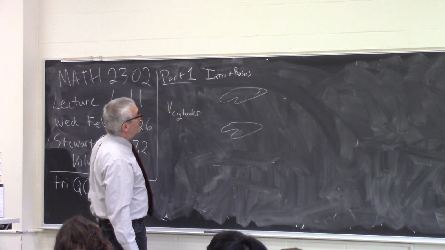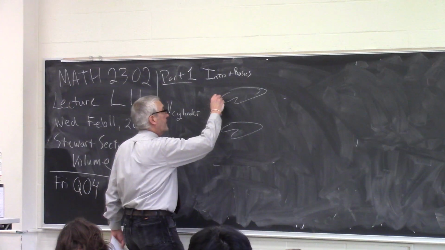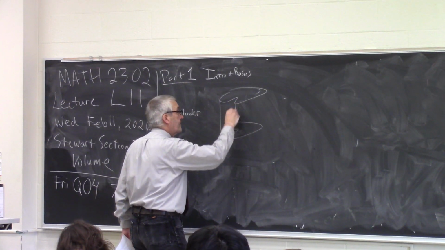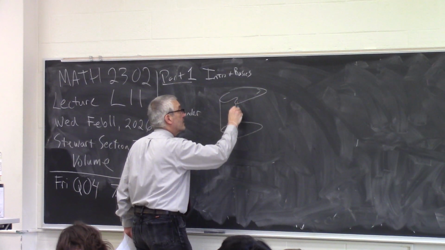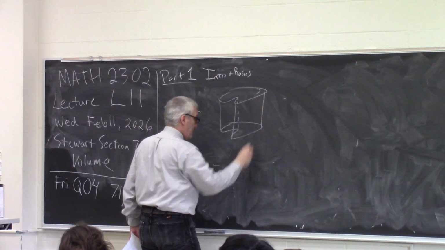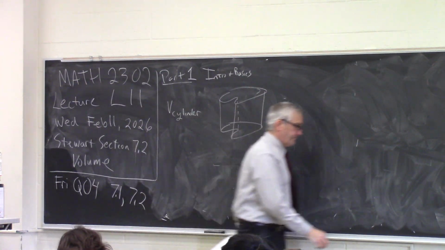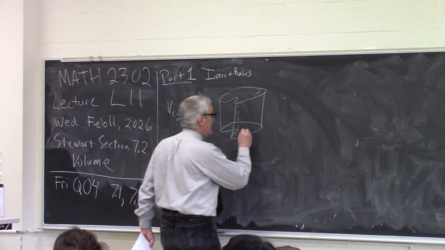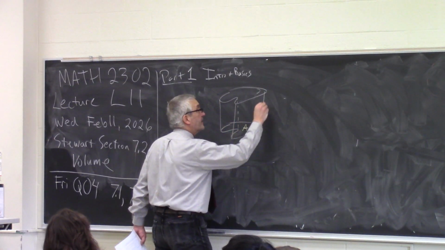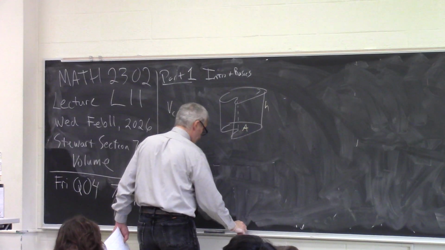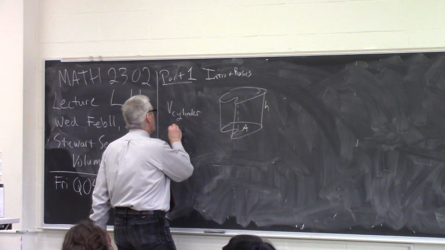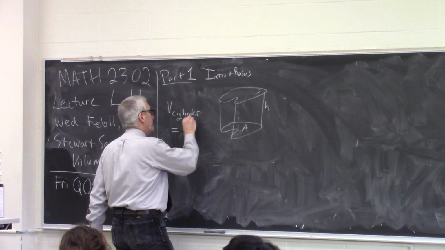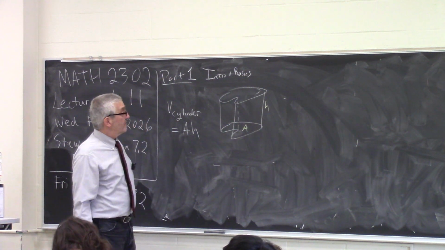But in general, the base of a cylinder can be any shape. And so a cylinder can be that shape, and then sort of raised up to make this kind of shape. And so if we have base area A and height h, then the volume of the cylinder is A times h, whatever that is.